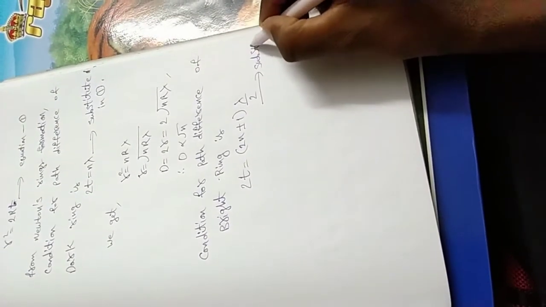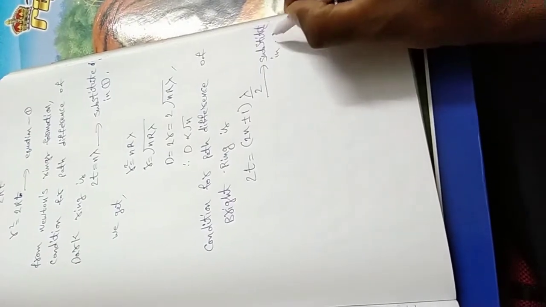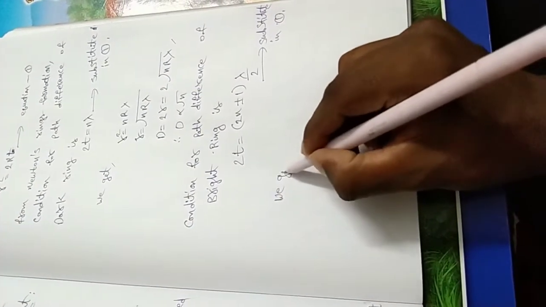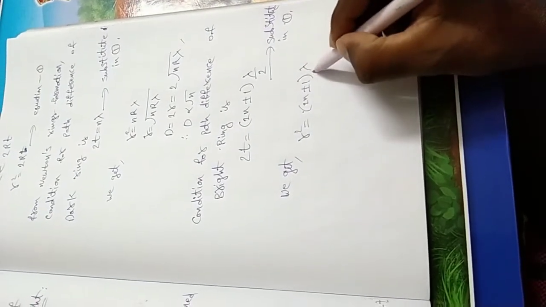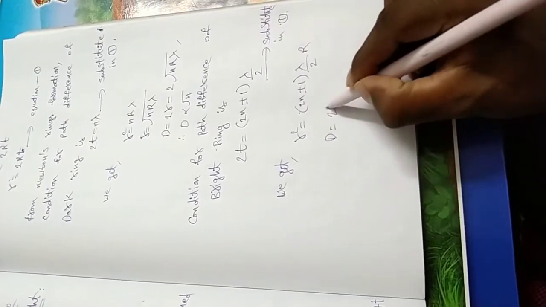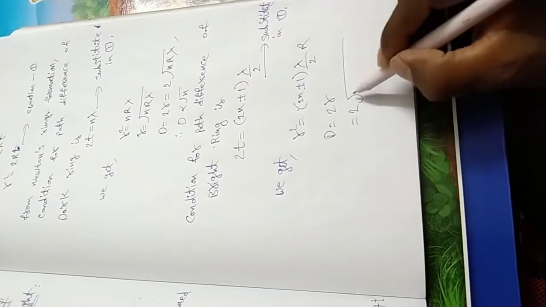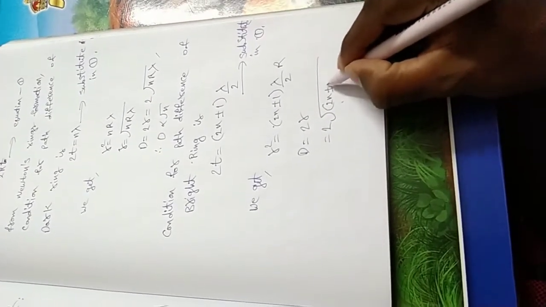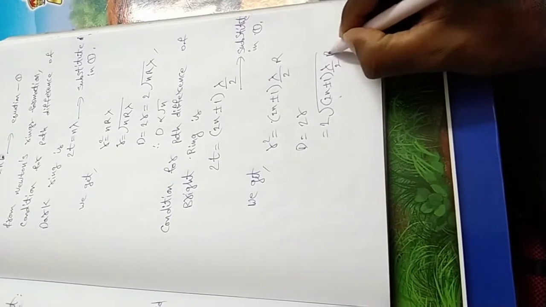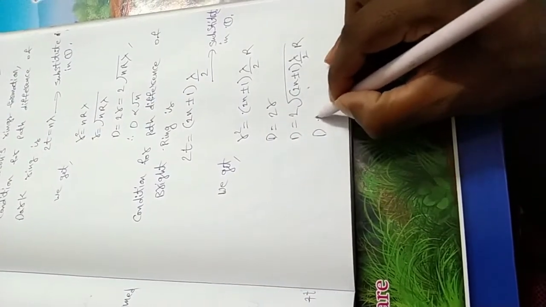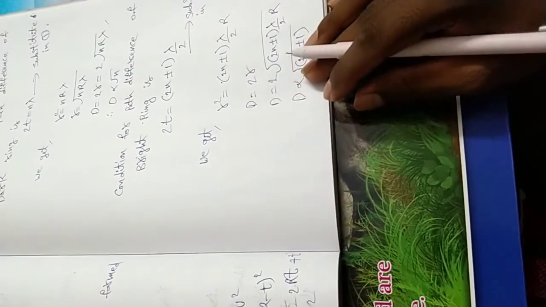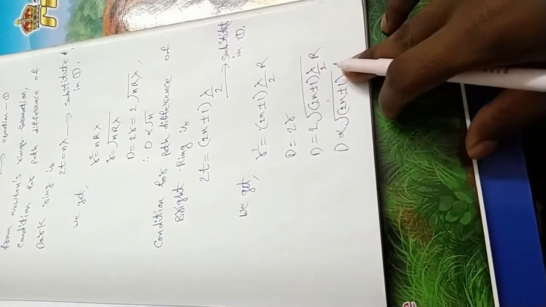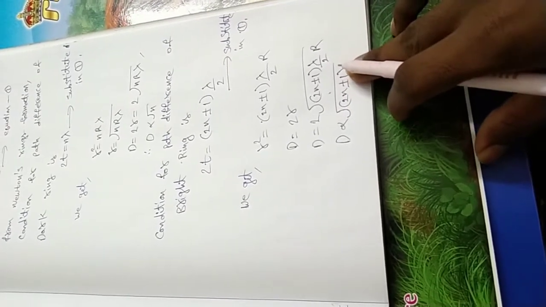Substitute in equation 1, we get r square is equal to (2n plus or minus 1) lambda by 2 times R. D is equal to 2r, where r is equal to square root of (2n plus or minus 1) lambda R by 2. D is directly proportional to square root of (2n plus or minus 1). So here the diameter of the Newton ring is directly proportional to square root of a natural number.